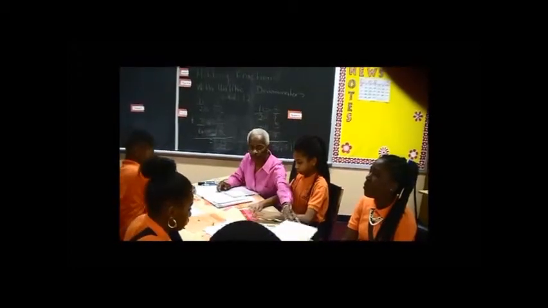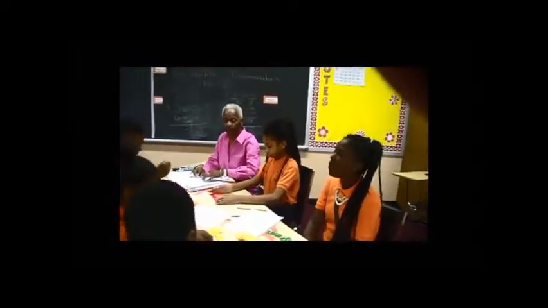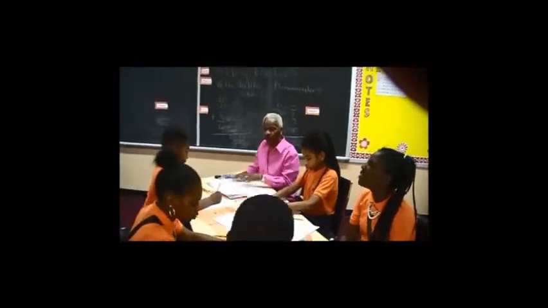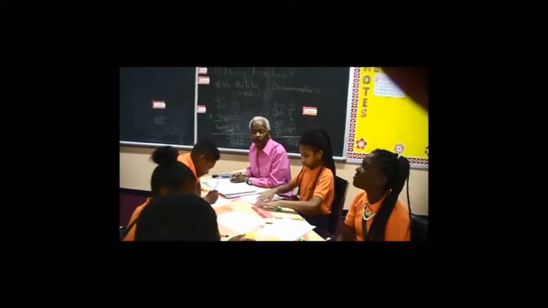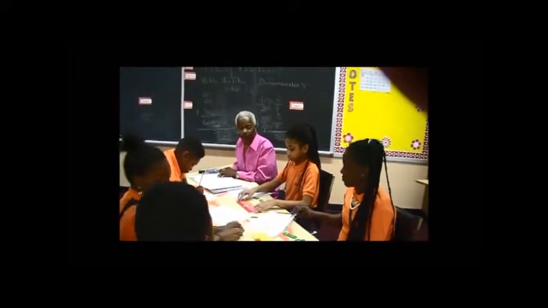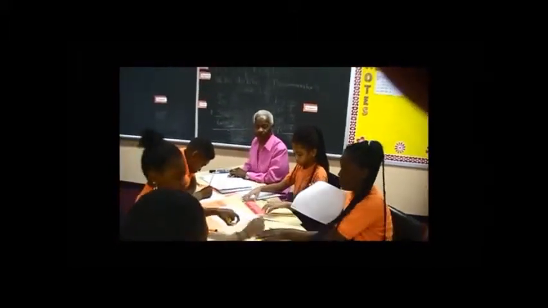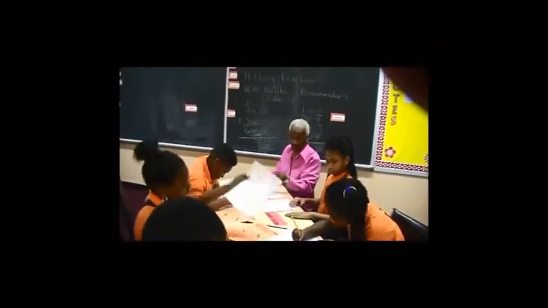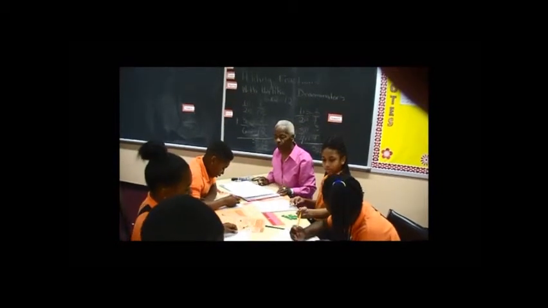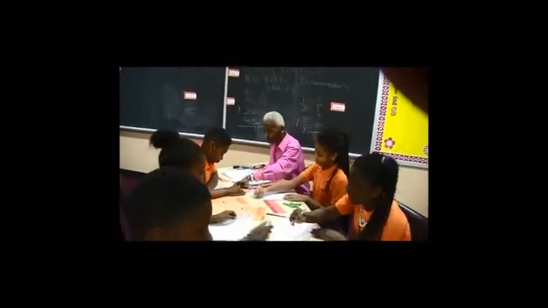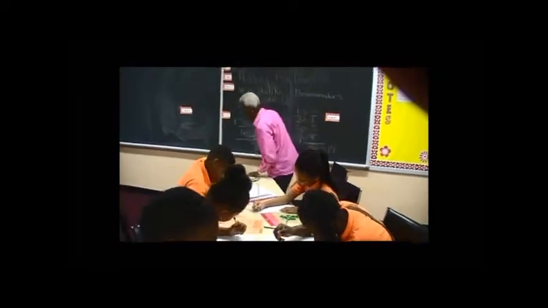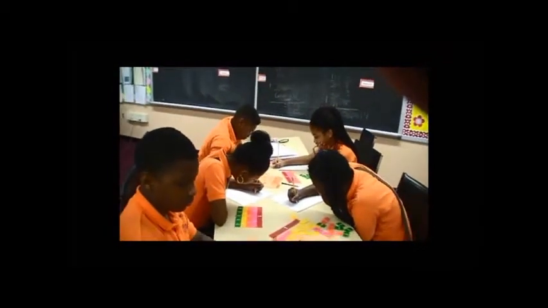Put the towels aside. Get a pencil. Number 2 and number 4. You can rewrite it on the side.